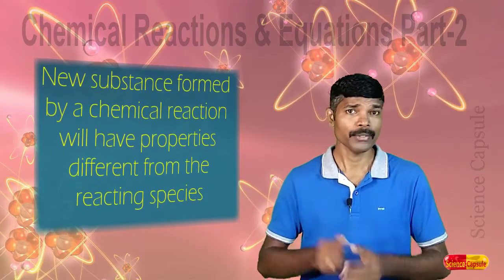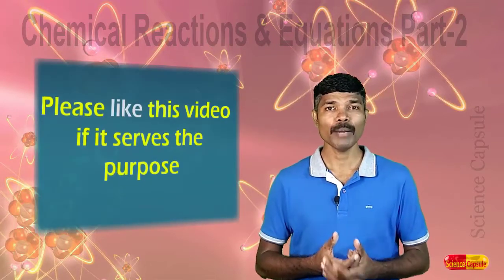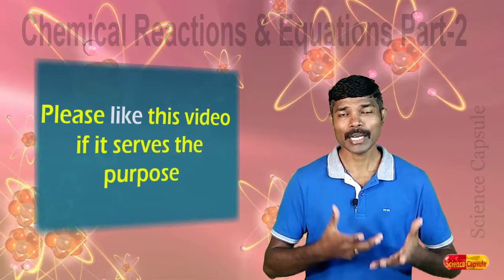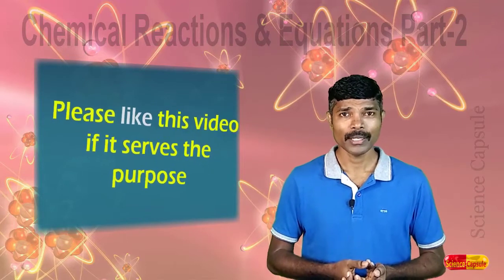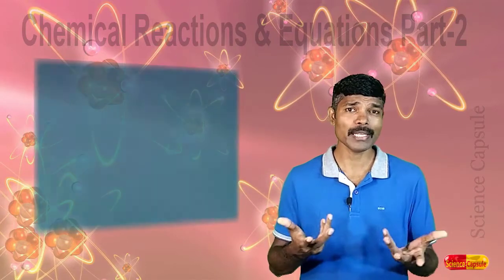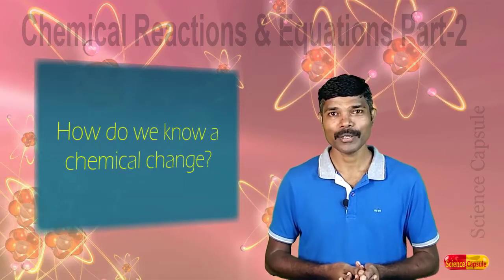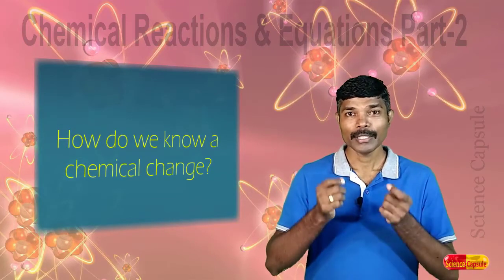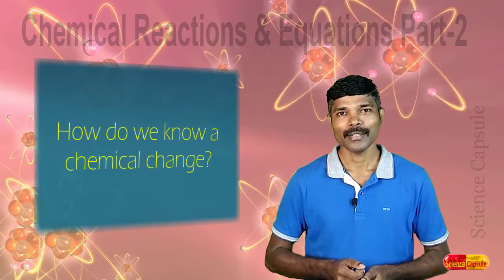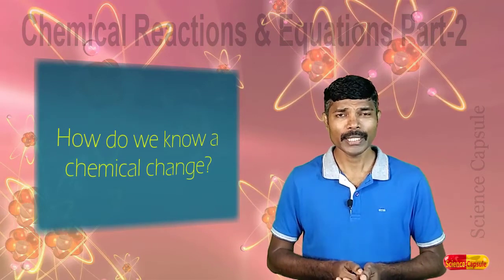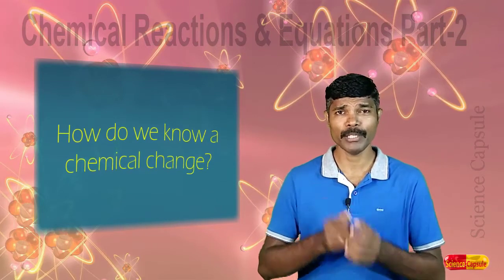Now in today's session we will see how we know about a chemical change. Suppose a change is taking place, then how can we understand it is a chemical change? Dear children, the chemical change is identified in terms of some physical parameters.